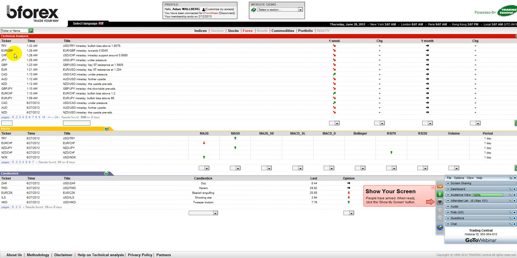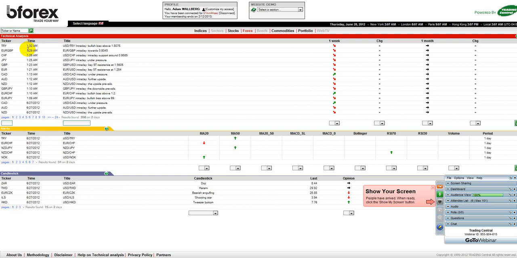Now, what we're going to do, we're going to open two signals today. We're going to open right now two signals, and we are going to analyze them one after the other.